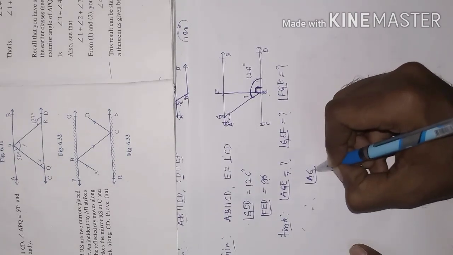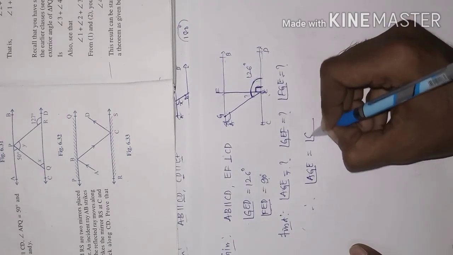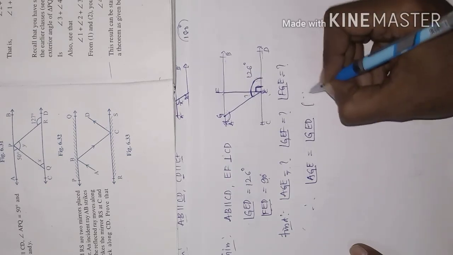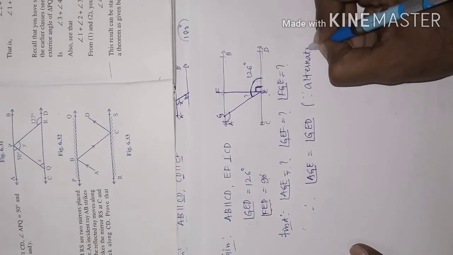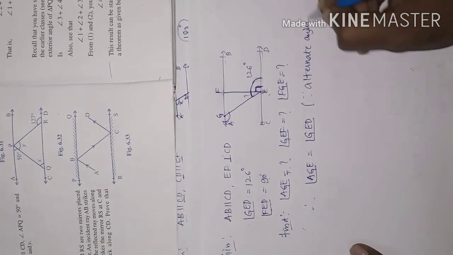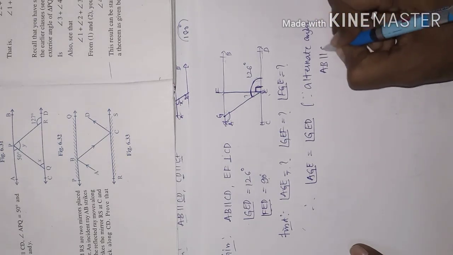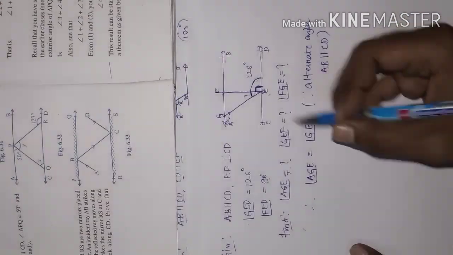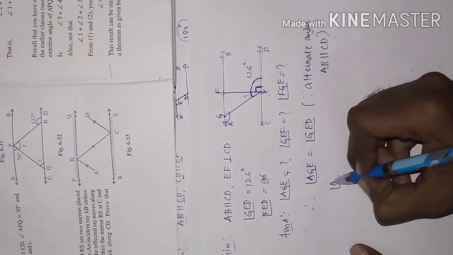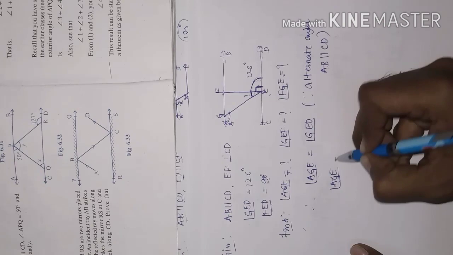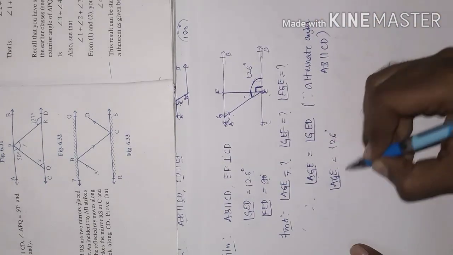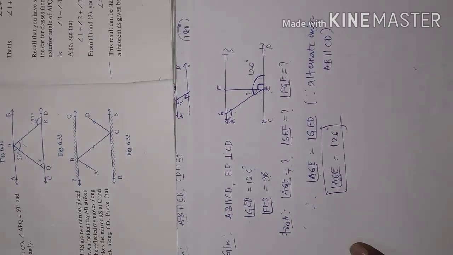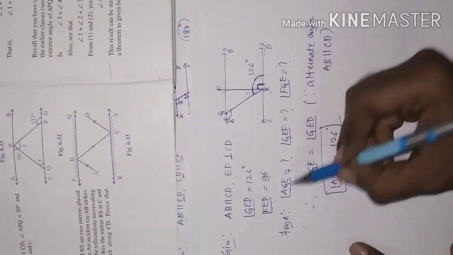Angle AGE is equal to angle GED because of alternate angles, as AB is parallel to CD. It means AGE is equal to 126. So this is the first solution, that is AGE.